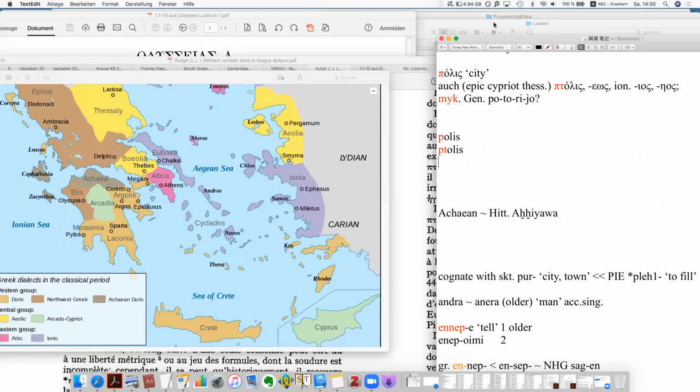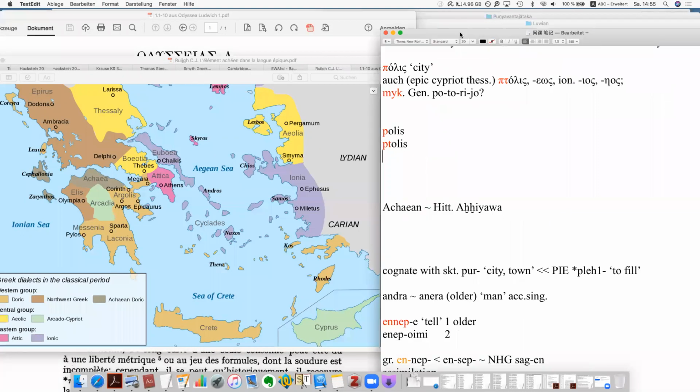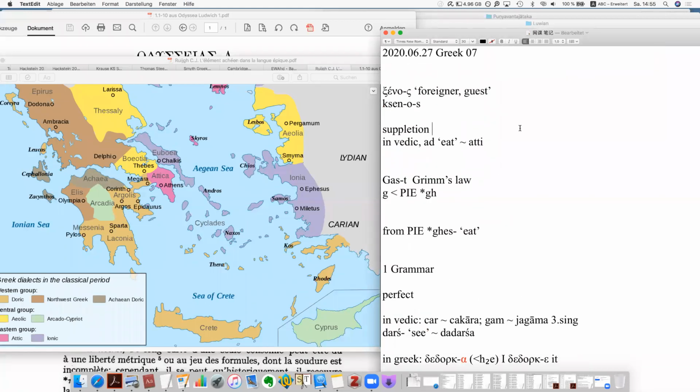Okay, so this is everything for today. Before we stop, let's give a brief summary of what we have done today. First we explained the etymology of a frequent word, ξένος, foreigner or guest, which is quite popular in Greek text, not only Epic Greek but also Attic Greek.